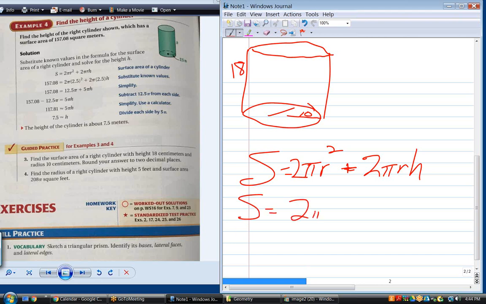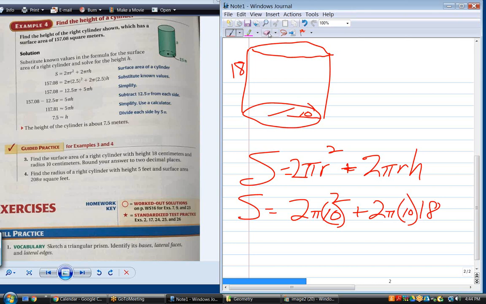So 2 pi times, help me fill it in. 2 pi 10 squared plus 2 pi 10 times 18. Okay. And they said round it to 2 decimal places. All right, if they insist. I still prefer leaving everything in terms of pi, not changing it.